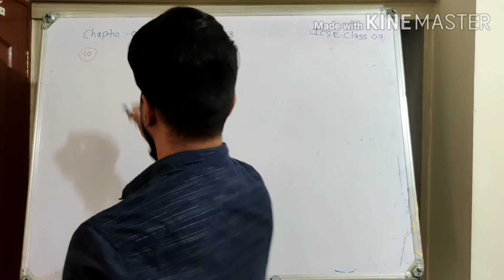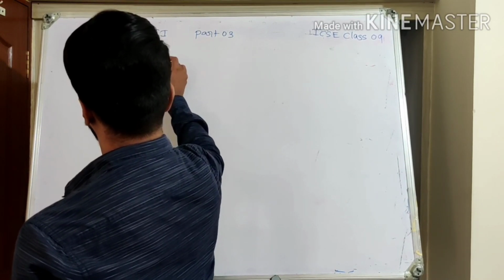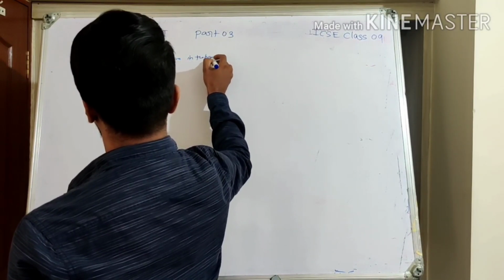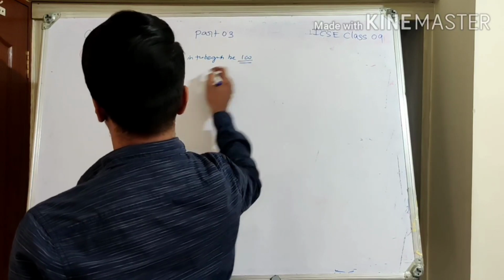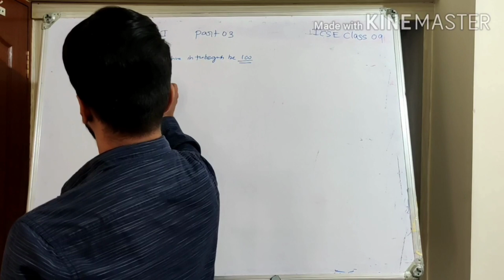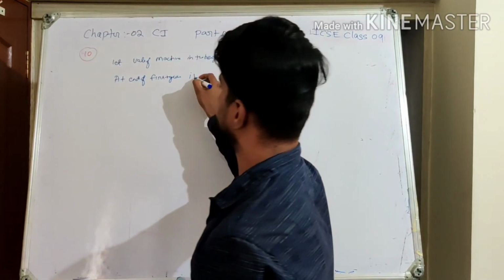So let the value of machine in the beginning be 100. Okay. So at the end of the first year, it reduces by 10%.